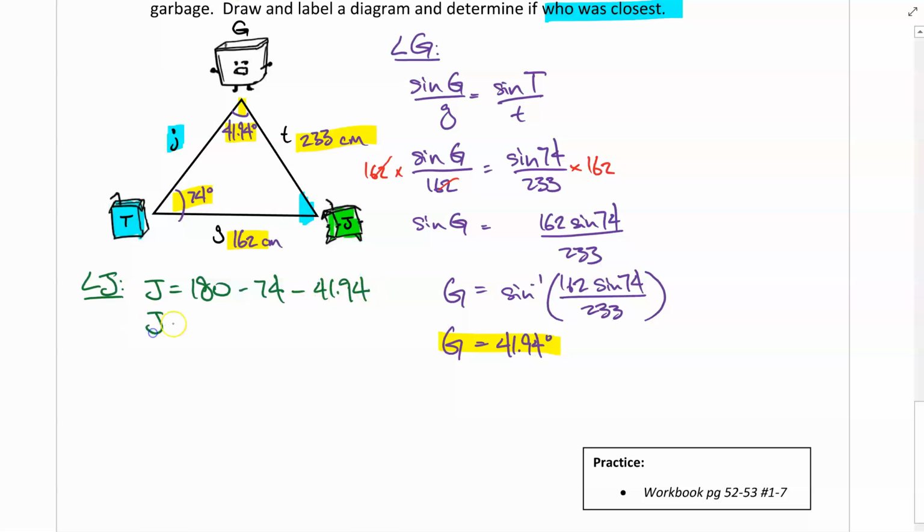And we're able to get that angle J is equal to, at least to the nearest hundredths, about 64.06 degrees. Now that we got angle J, we can set up a sine law ratio to figure out lowercase j.